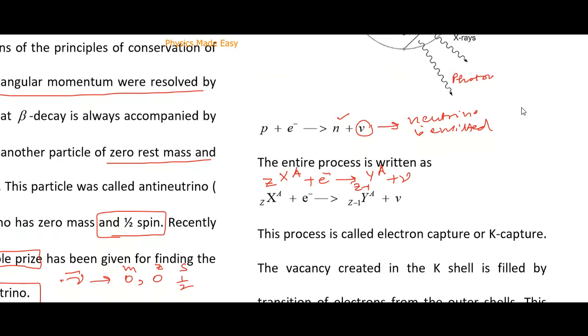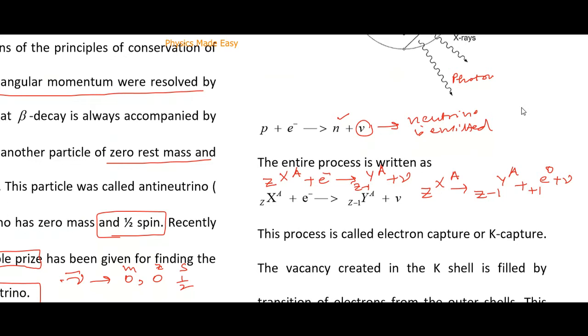Now, if you shift this to this side, then it becomes inverse beta decay. If I shift this to this side, this is Z-1YA plus 1 positron emission plus neutrino.